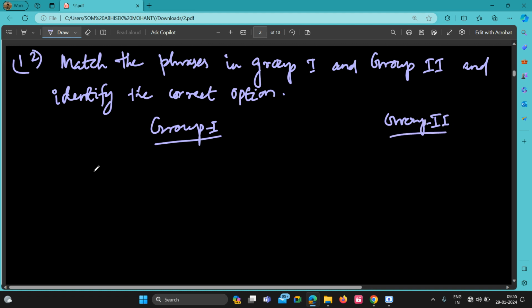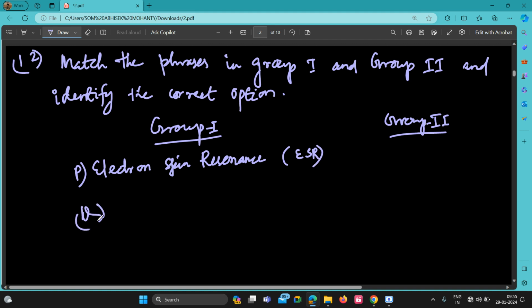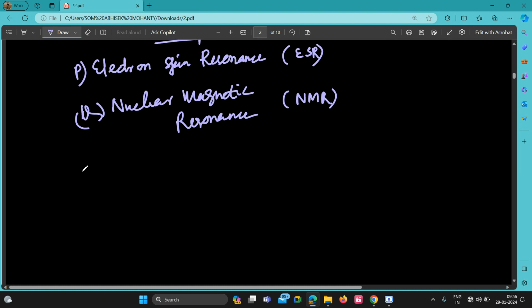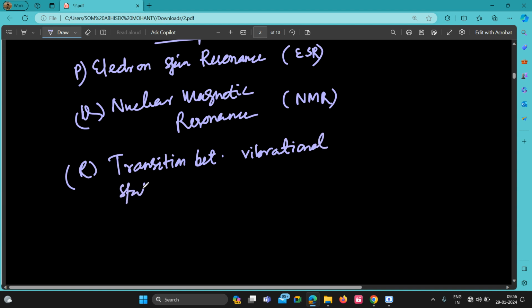In group I there is electron spin resonance, ESR, then nuclear magnetic resonance, NMR, then transition between vibrational states of a molecule, and S is electronic transition.